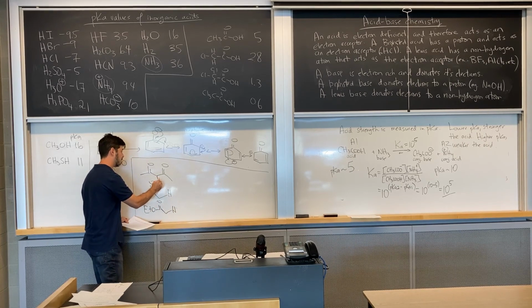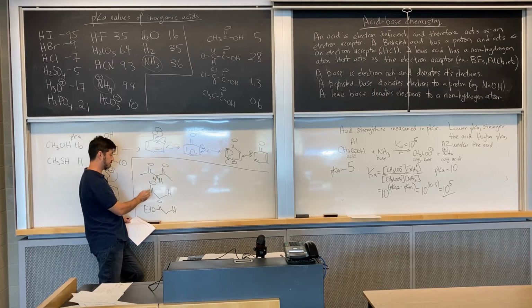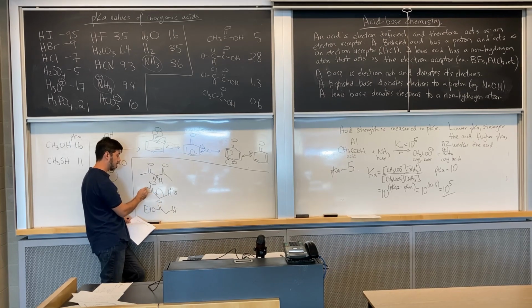Okay, so I've drawn acidic protons. Let's start with this one here, this ketone, acetone, and I've drawn in one of the protons here. So these alpha protons are acidic because a base can come and you can actually push electrons onto that carbon or put it up into this oxygen here.